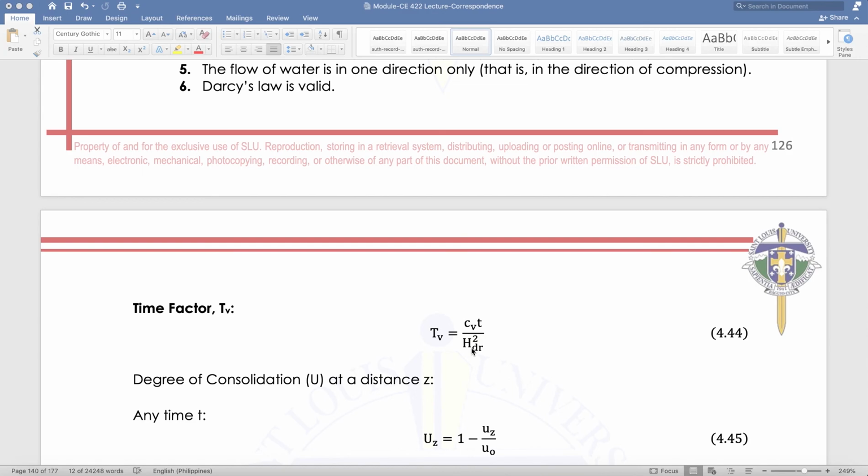Now for Hdr, it is H if it is passing through or exiting at one point only. But if it is exiting at 2 points, or top and bottom, we are going to divide it by 2. Okay, so don't worry, we will be having an example of this.